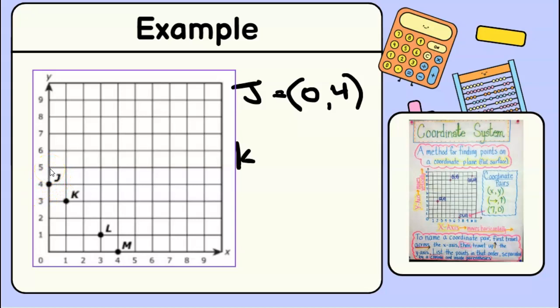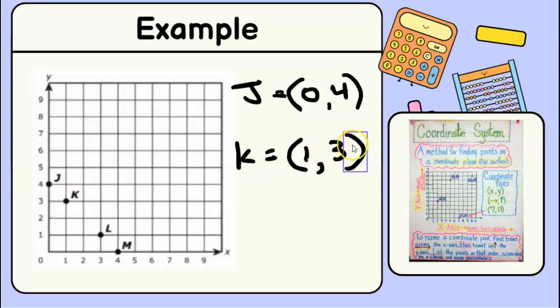Let's look at K now. I count how many spaces over it is. It is 1 space, so my x is going to be 1. And however many up it is going to be my y. So it lands on the line that's at 3. So my y is 3. The ordered pair for K is 1, 3.